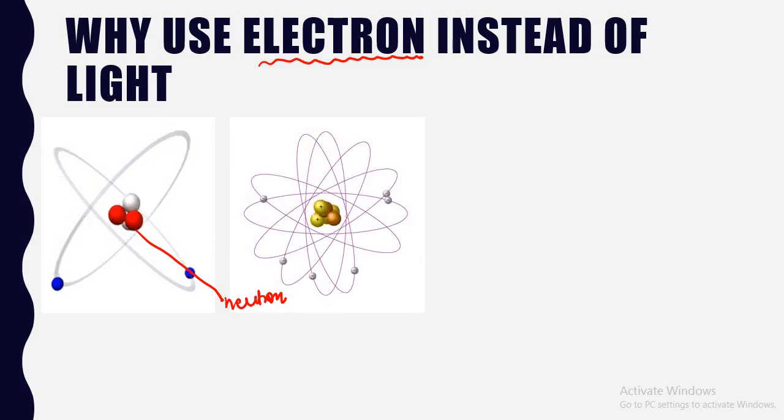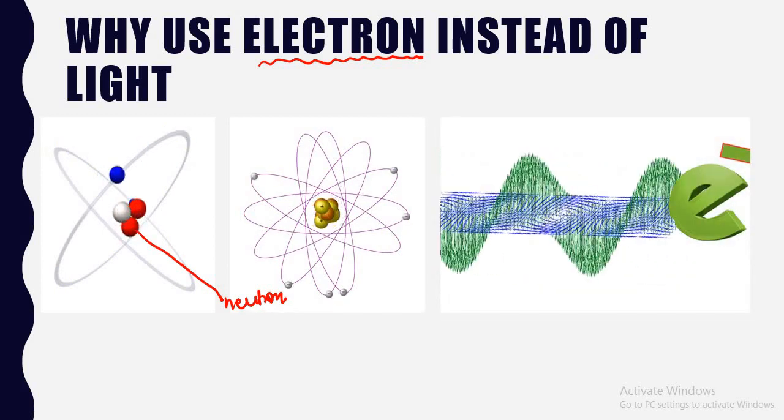When we are giving extra energy, that energy will be gained by the electron. They will start rotating faster in their orbit, and they will leave the orbit like a shooting star, like this.